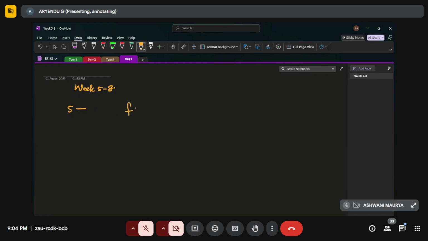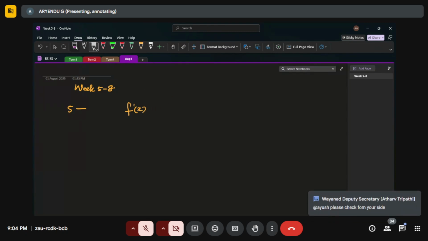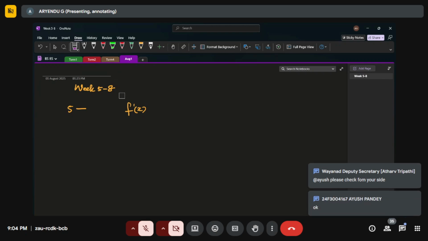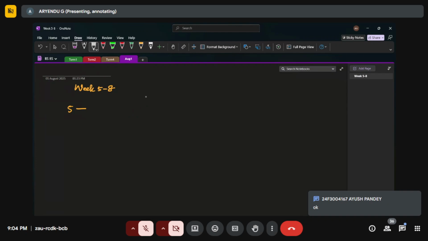So, derivative of a function. We'll start with the basic definition of a derivative.